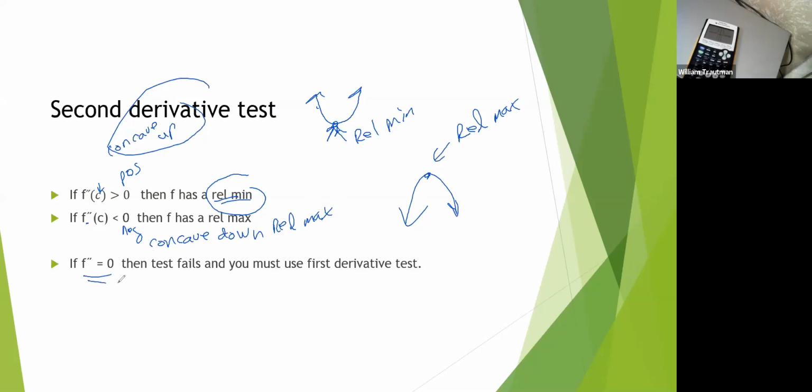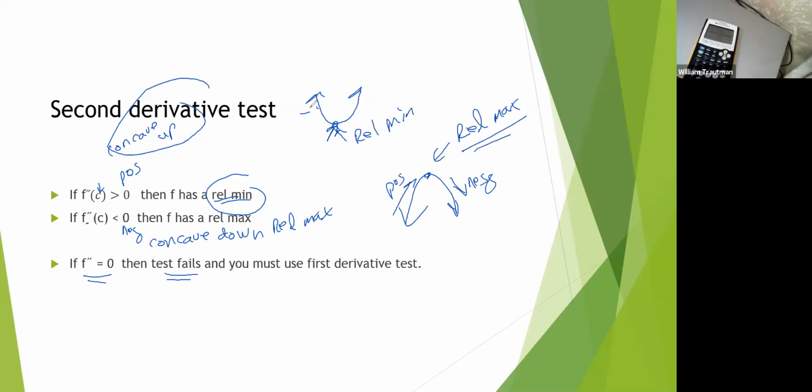When that second derivative does equal 0, the test fails, and you can't tell if it has a relative minimum or maximum. You have to go to the first derivative test. If you watch those videos on the first derivative test, the first derivative says, oh, this is a positive slope, this is a negative slope, so that's a relative maximum.